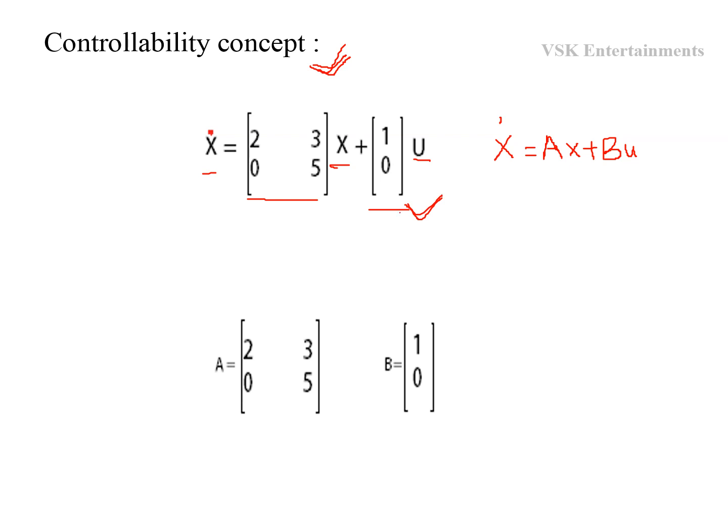Now compare this with the standard state equation, x dot is equal to Ax plus Bu. By comparing, we get the system matrix A as [2 3; 0 5] and the input matrix B is equal to [1; 0].